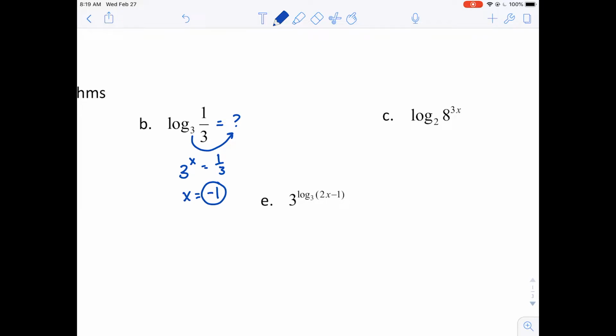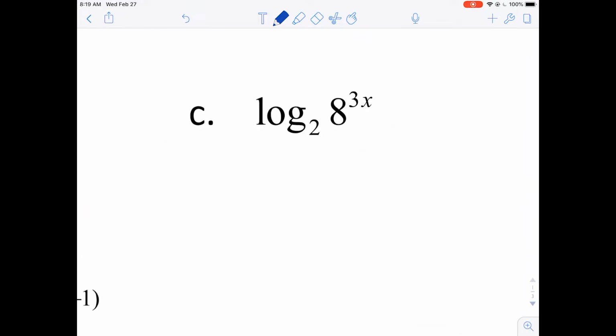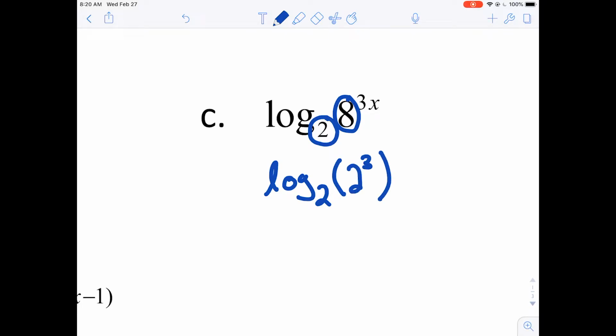Let's take a look at C and E. C right here is log base 2 of 8 to the 3x. How can we make this base 2 cancel with something that comes from 8? We want to rewrite 8 in a different form. 2 to the 3rd power is how we could write 8.